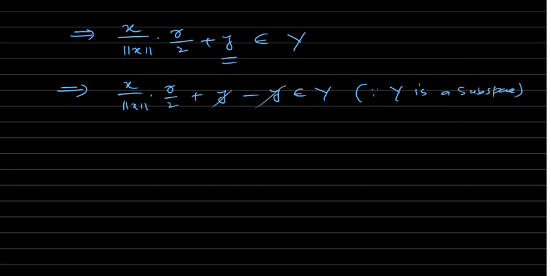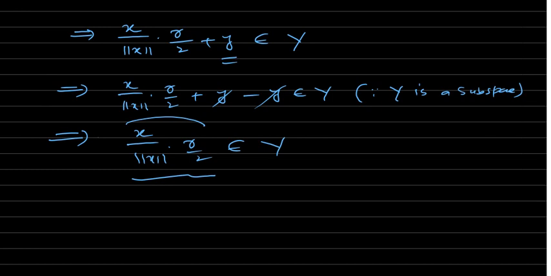These two will go. This implies x divided by norm x times r by 2 is in Y. Now again Y is a subspace, so any scalar multiple of this point is also in Y.